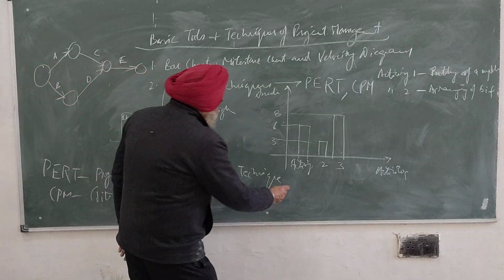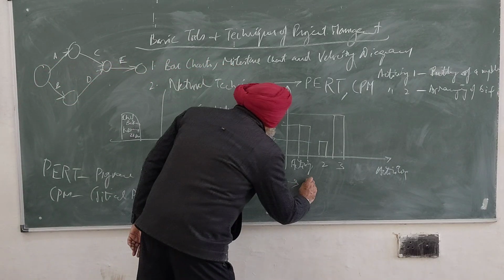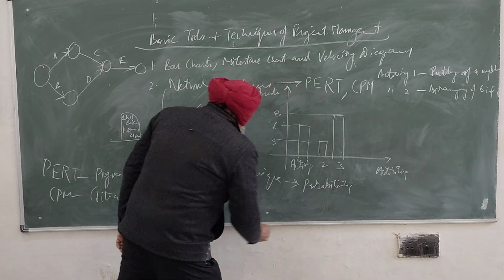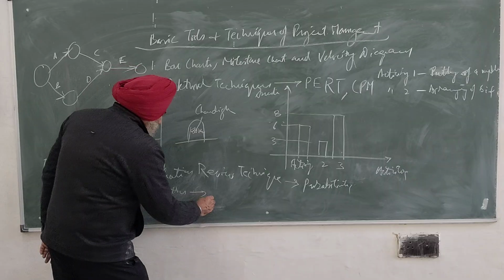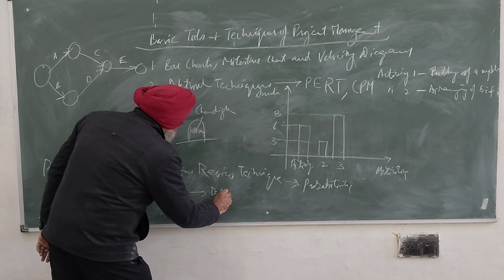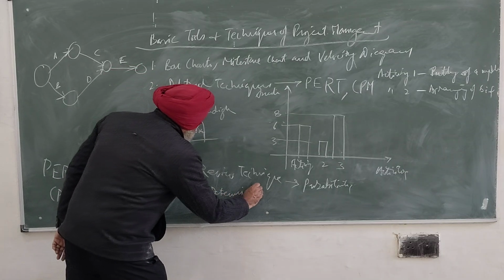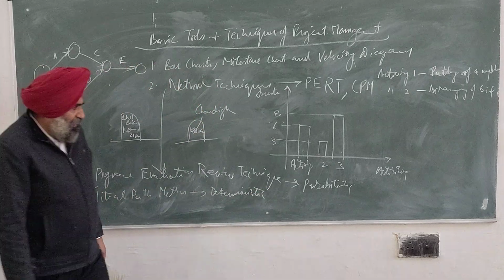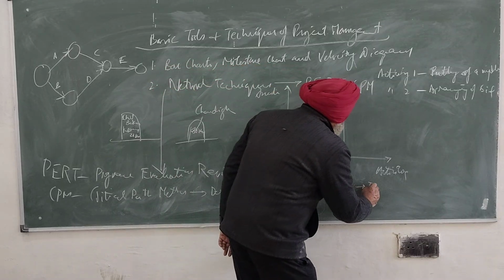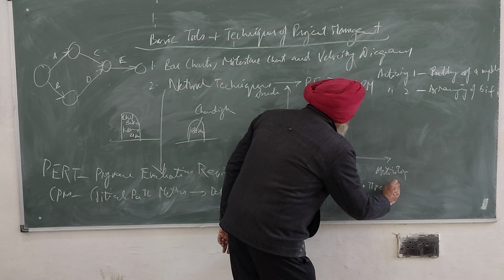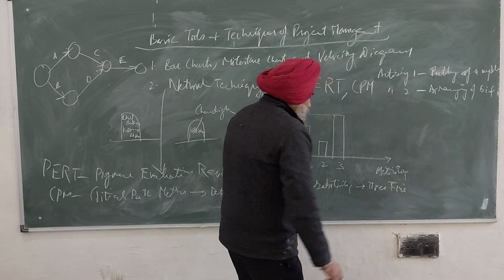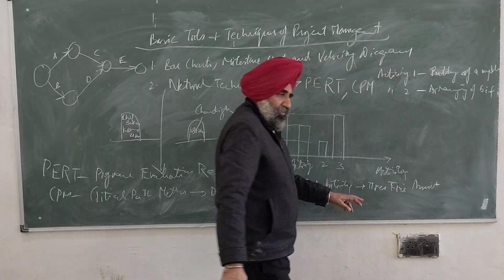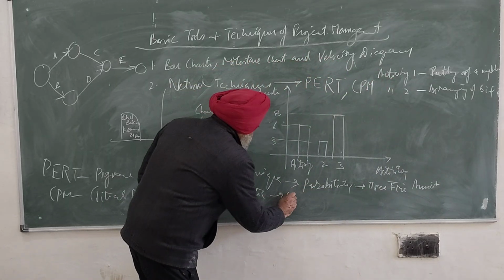In PERT, basically, it is based upon the probabilistic theory. And CPM is based on the deterministic theory; more or less, the theory is of a deterministic nature. In PERT, there are three times associated, whereas here there is a single time associated.